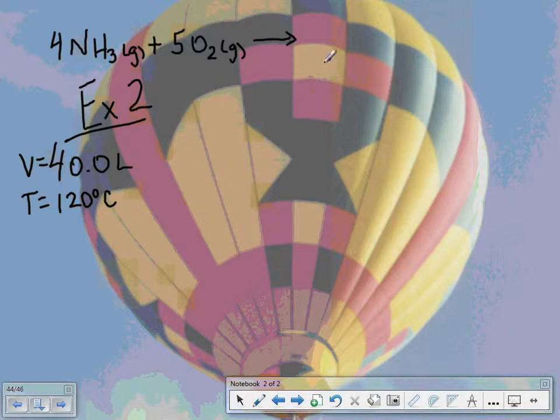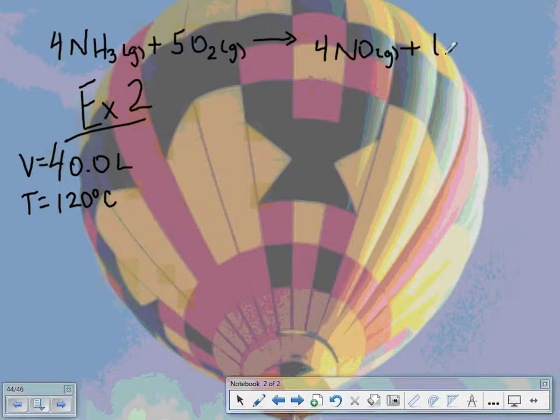It yields 4 NO plus 6 H2O. These are all in the gas phase, of course. And we've double checked to make sure this is a balanced equation, right? Naturally. So that would be our first thing to do.